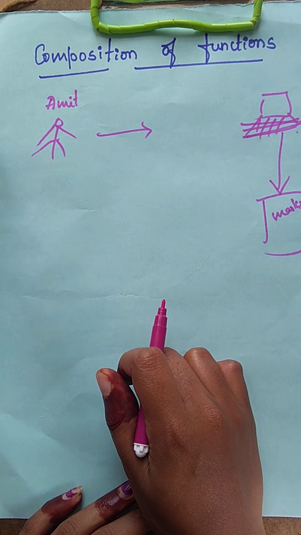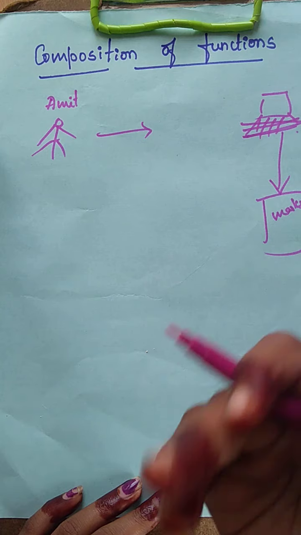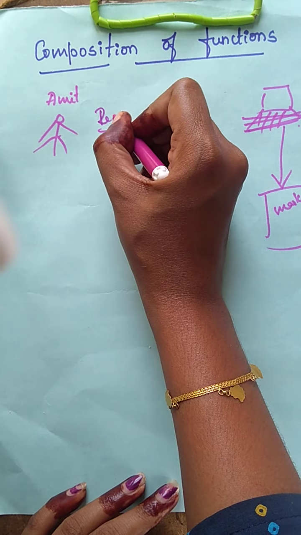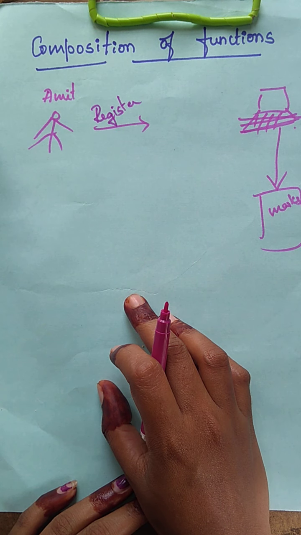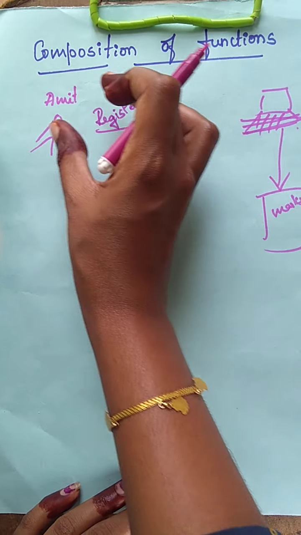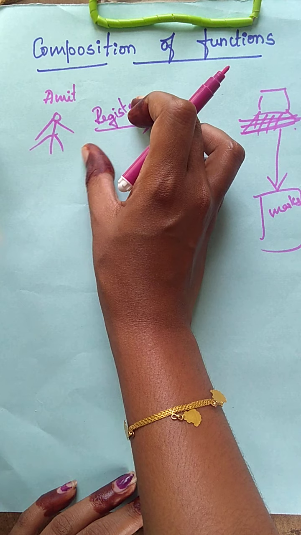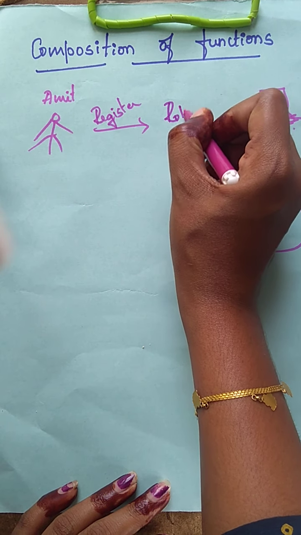But Amit doesn't know the roll number. So he can go for one more option, that is the attendance register. The attendance register will have his roll number. If Amit goes and checks in his register, he'll get his roll number.